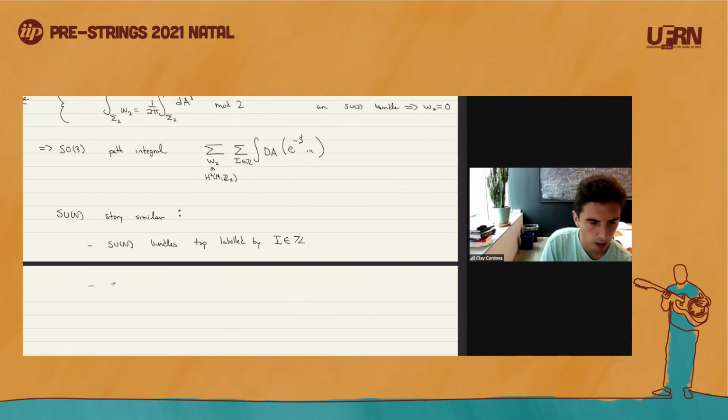Meanwhile, SUN modulo Zn, which is really what we were doing before for the case n equals 2, where SO3 is SU2 mod Z2, has an additional invariant.